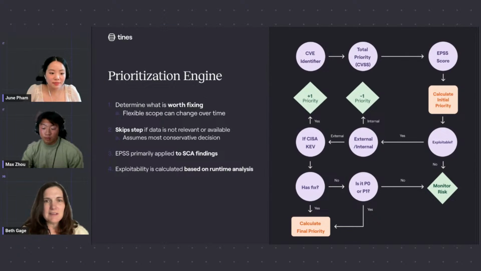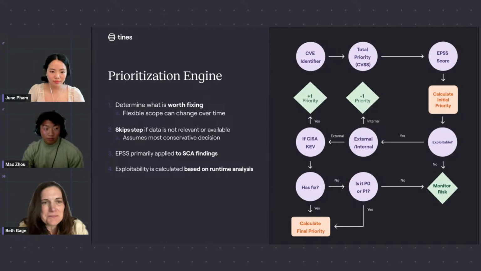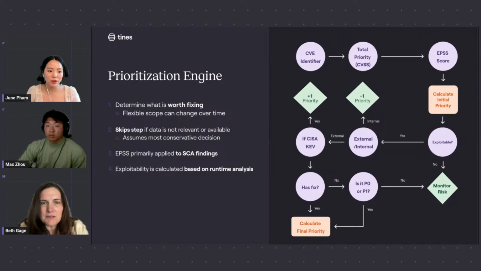June, you were going to tell us about the engine that you built for the prioritization. Yeah, absolutely. This is the context of the business as to what is important to Greenlight, because each of the tools doesn't have the context, so we're adding the context to the tool.